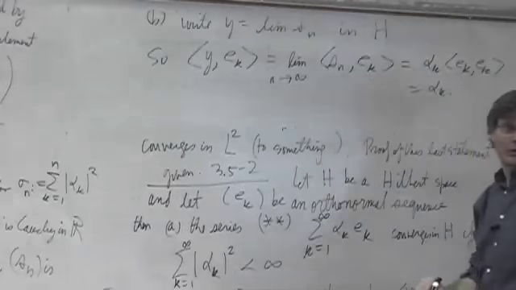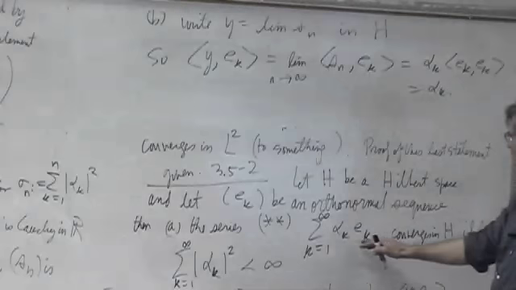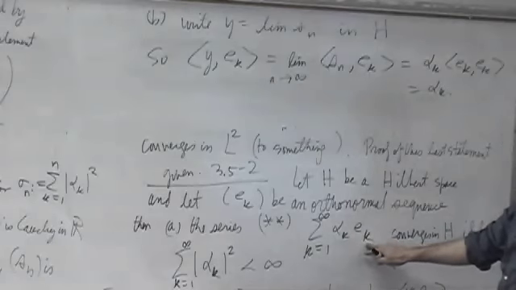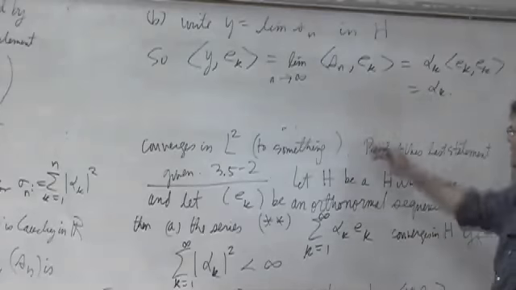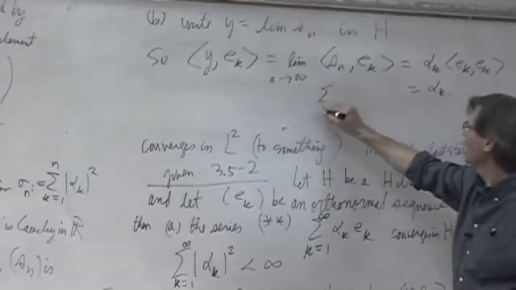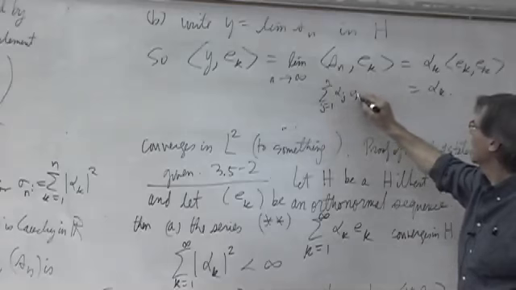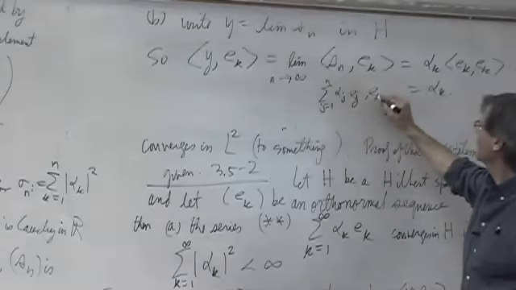In other words, when n is sufficiently large, then the kth term is going to appear in the sum, and when I take the inner product with ek, this is a finite sum, summation j goes from 1 to n, alpha j ej, and then inner product with ek.